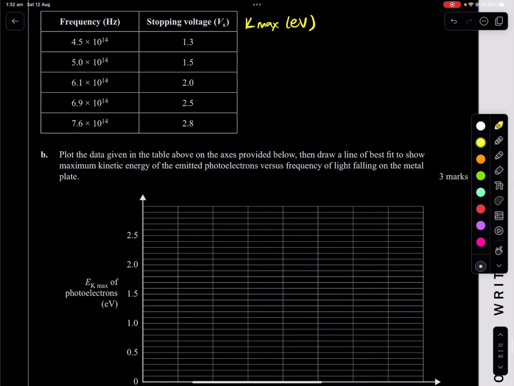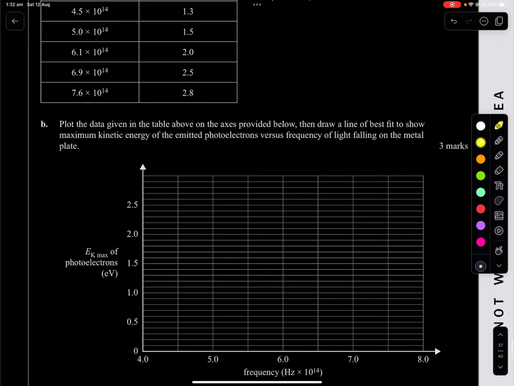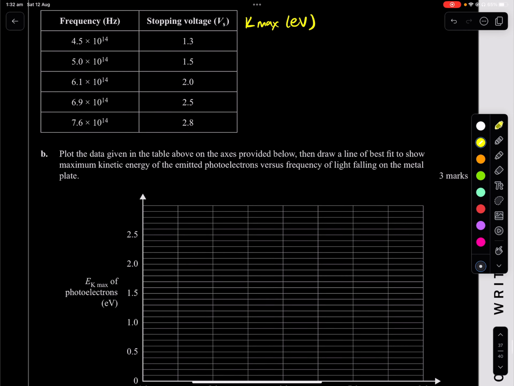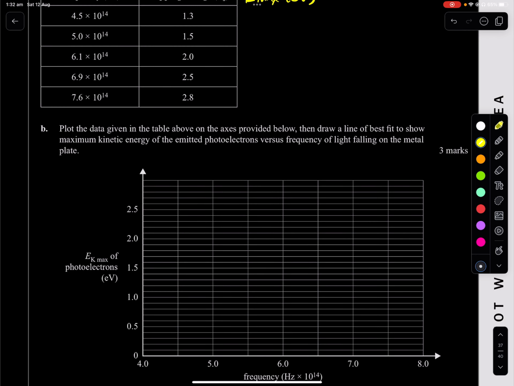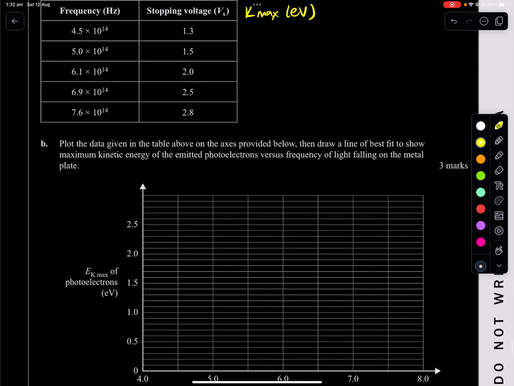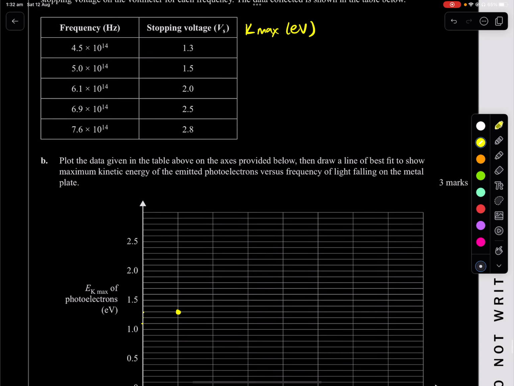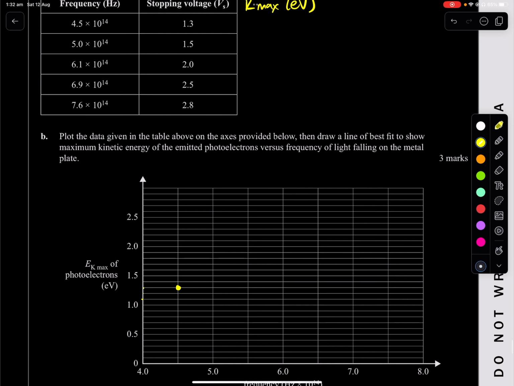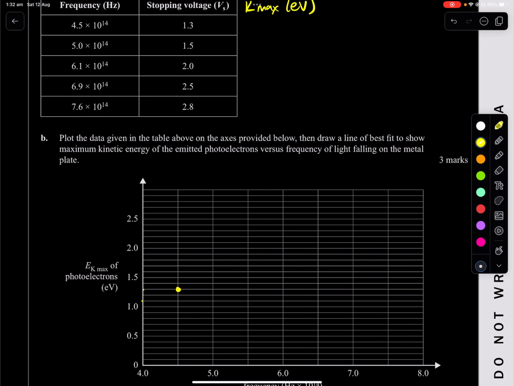So the first one is 4.5 and 1.3. So 4.5 is here and 1.3, so right over here. The next one is 5 and 1.5, right over here. Next one is 6.1 and 2, right over here.